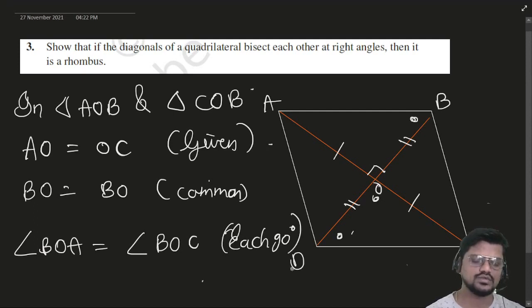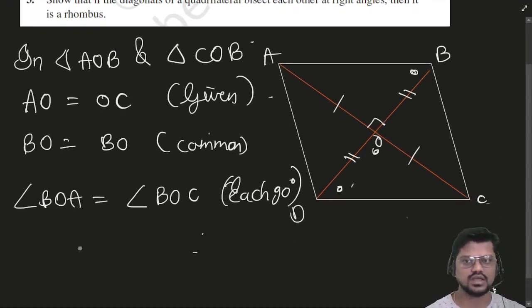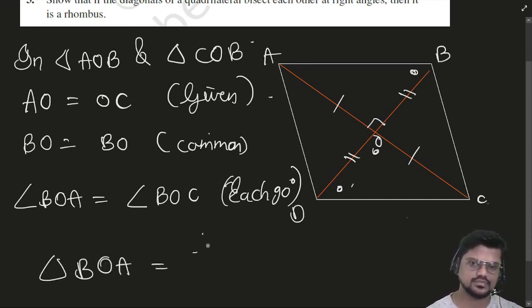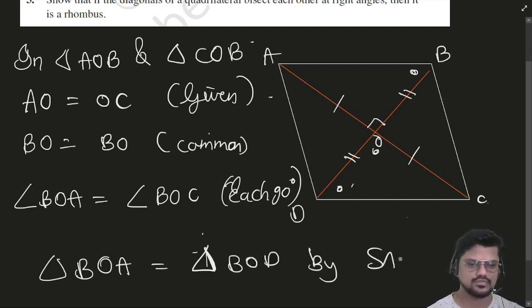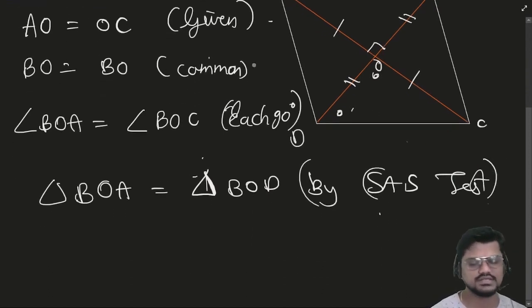Now, if all of them are equal, then what can we say? That the two triangles are congruent by which test? SAS. Yes, by SAS test of congruency.